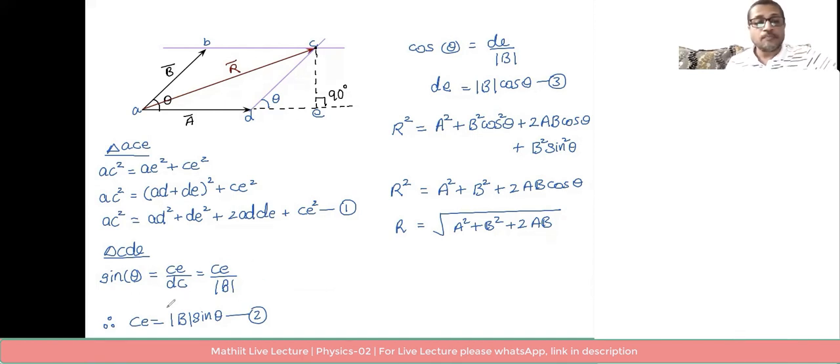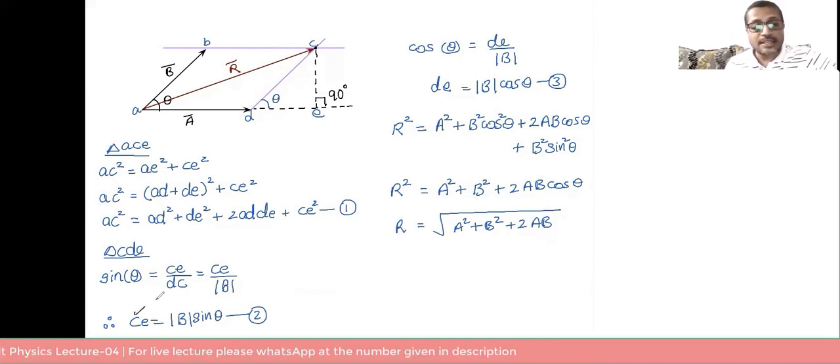Okay. So, did you understand why CE is equal to B sine theta? Is that clear? Yes, sir. Okay. Similarly, DE is equal to B cos theta. That is also clear. Okay. Now, AD, this distance from A to D, isn't this distance same as this A, vector A?